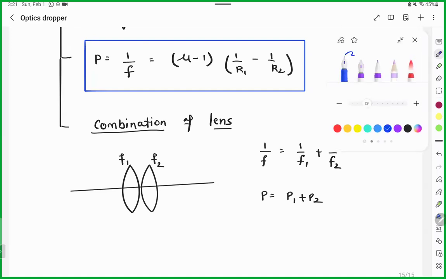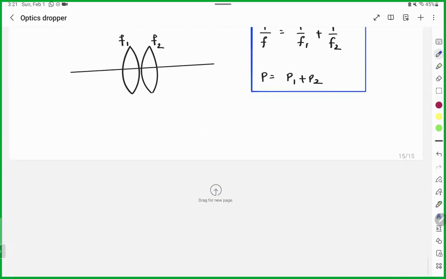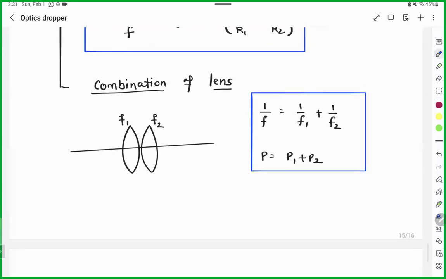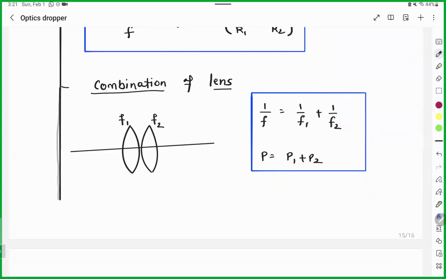Power of these two will be a simple addition. In case of combination of lenses, it doesn't matter whether it is a convex lens or concave lens, the addition will be simple. Then what is the difference for concave and convex lens? How we add them. For example, in case of a convex lens, your focal length is positive, but in case of a concave lens, your focal length is negative.